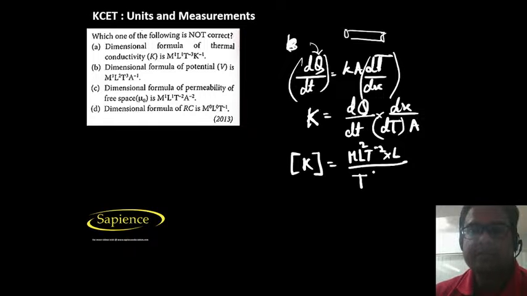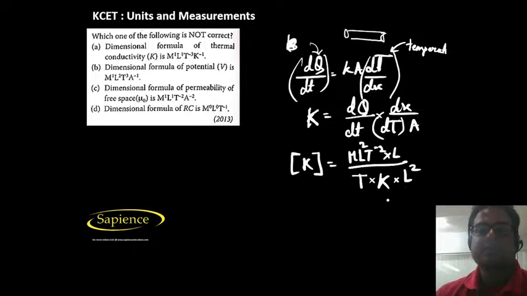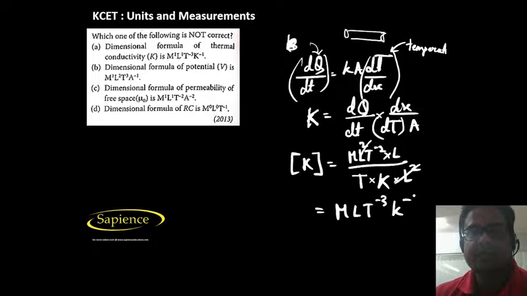This T is the absolute temperature, so that will be K, and then A is the area, which is L squared. L squared will cancel, so ML T power minus 3 K power minus 1. So the first option is correct, but here it is asked which of the following is not correct.